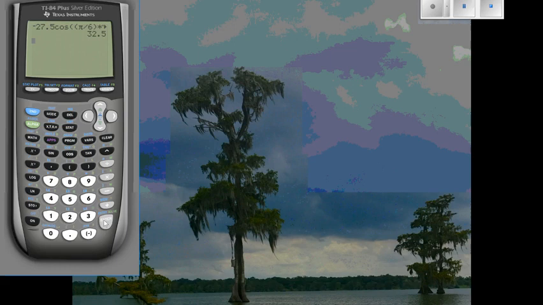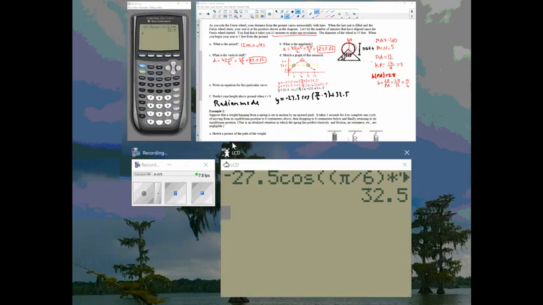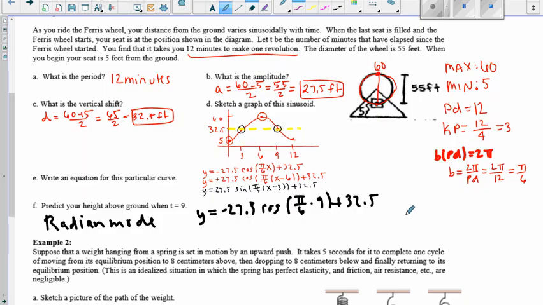So I get 32.5 feet. So if I go back, I know that when t is equal to 9, my y value is 32.5 feet.